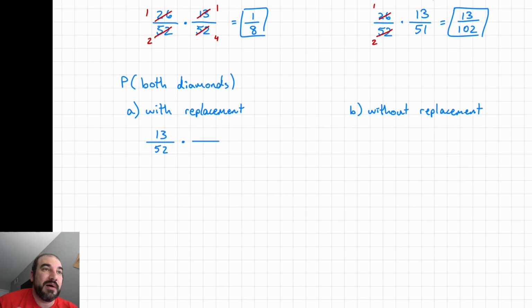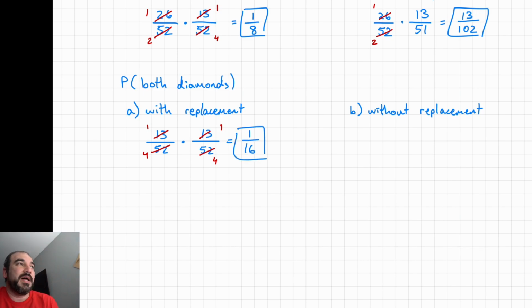What's the probability that we get a diamond again on the second draw? 13 out of 52 again. Good. Which, if you reduce these, that's 1/4. That's another 1/4. So we get 1 out of 16 for the probability that both cards are diamonds.